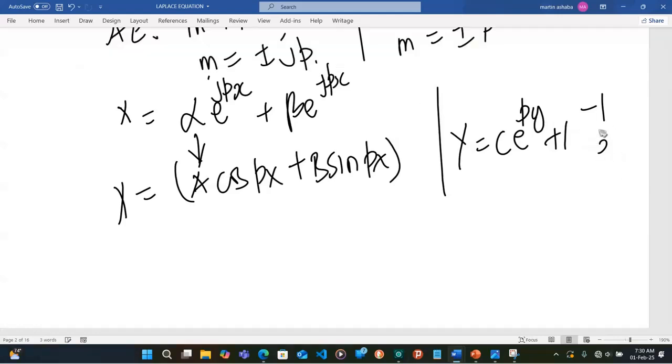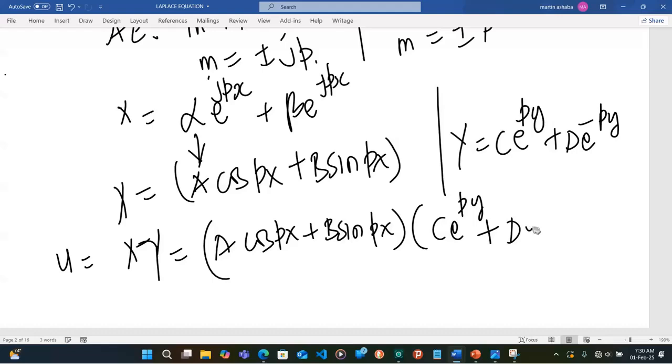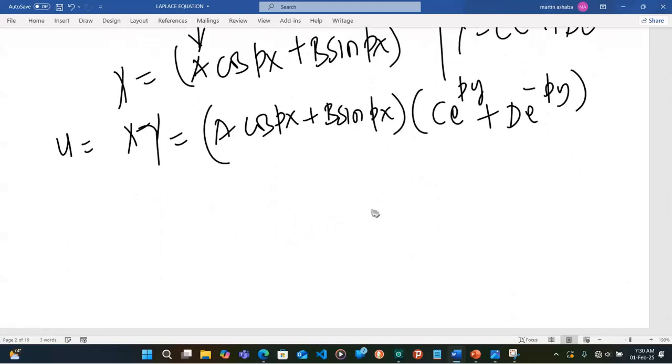So let's continue and proceed. So when we combine, we will find that u, a function of x and y, will be a cos px plus b sine px, multiplied by c exponential py plus d exponential negative py. So this is the general solution.